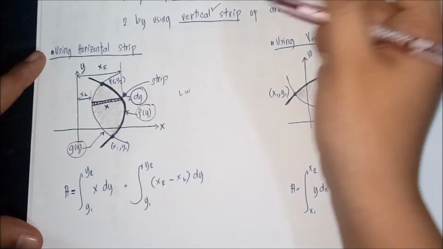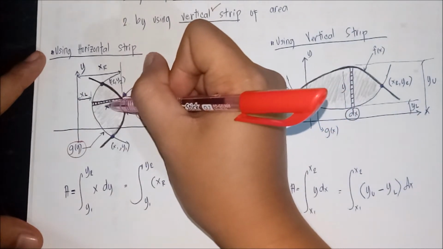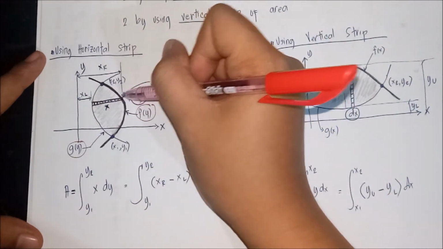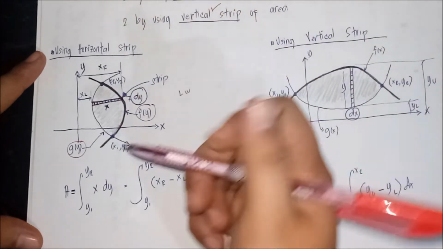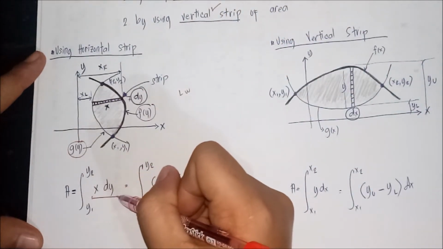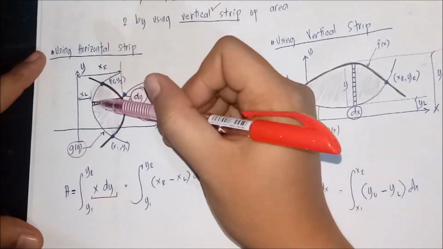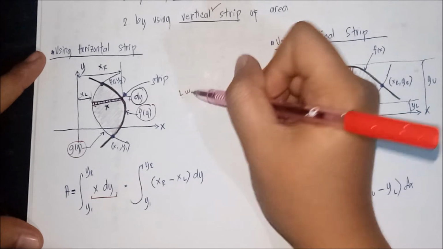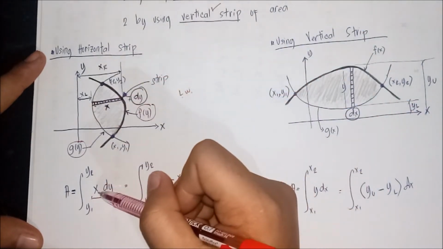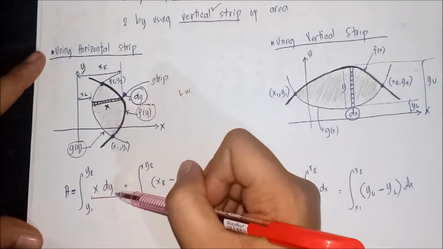So, yung length natin, class, parang itong x. Yung width nito, napakaliit, parang tatawagin natin dy. So, yung area natin is length times width lang din naman siya, pero yung length natin this time is x. Yung width natin this time is dy.